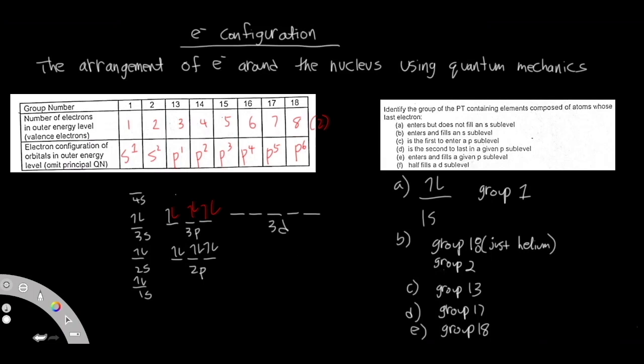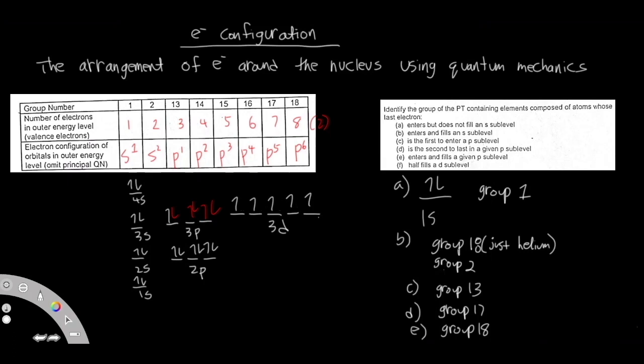All right. So again, let's count it up. 1, 2, 3, 4, 5, 6, 7, 8, 9, 10, 11, 12, 13, 14, 15, 16, 17, 18. Now let's just keep going. 19, 20, 21, 22, 23, 24, 25. At 25, notice how these are all half filled. Fully filled would be this.